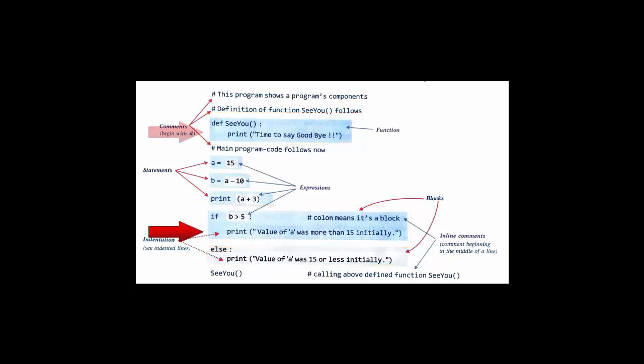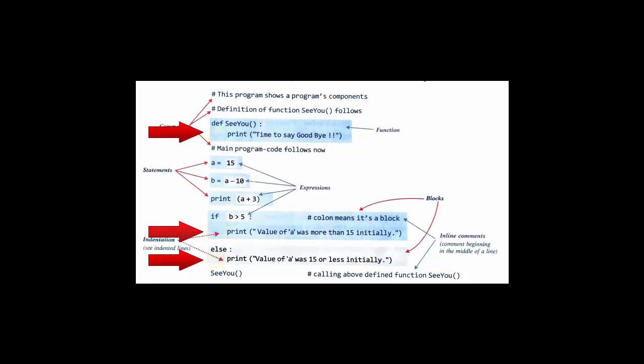Indentation is how you group a block. In other languages there are different ways, but in Python indentation is really important because it helps the compiler figure out which statements are part of a block and which are not. Indentation is basically this gap you're seeing here.